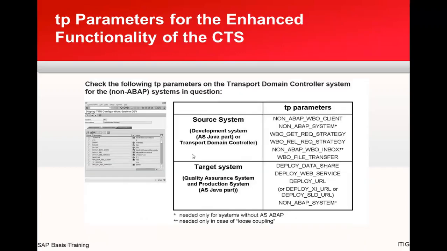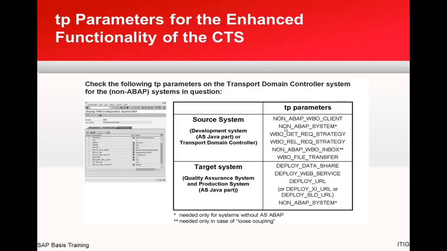These are the TP parameters that we need to put. We need to define these parameters: non-ABAP WBO client, non-ABAP system, WBO get request strategy, release strategy, WBO inbox, and file transfer.